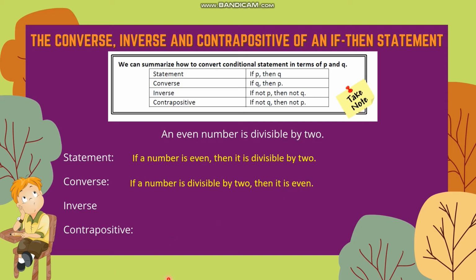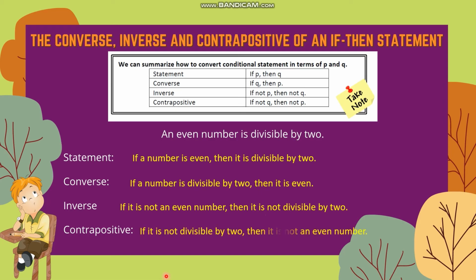Next, sa inverse naman, hindi natin babaliktarin, pero maglalagay tayo ng negating words. Okay, so we have, if it is not an even number, nilagyan lang natin ng not, then it is not divisible by 2. Then, contrapositive is, babaliktarin natin and lalagyan natin ng negating words.